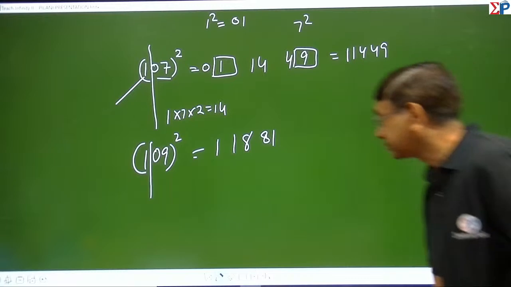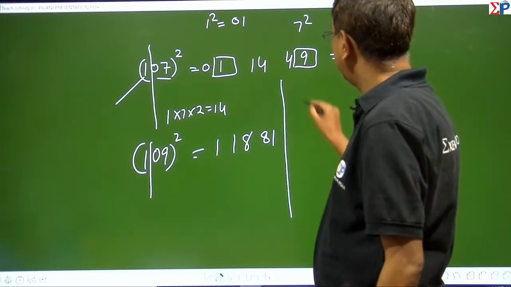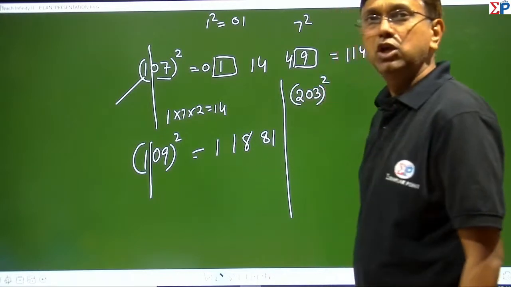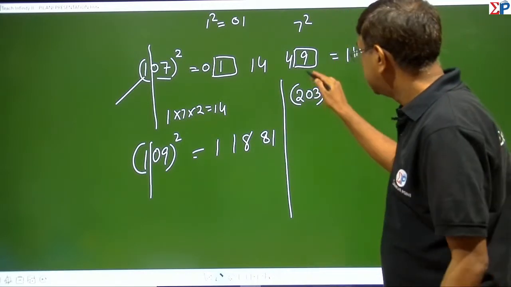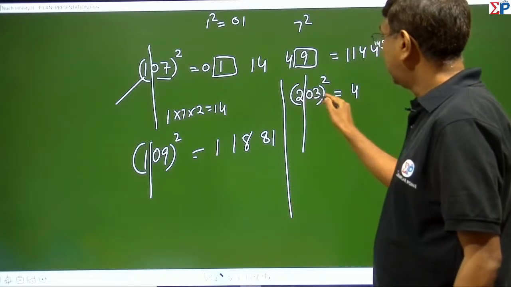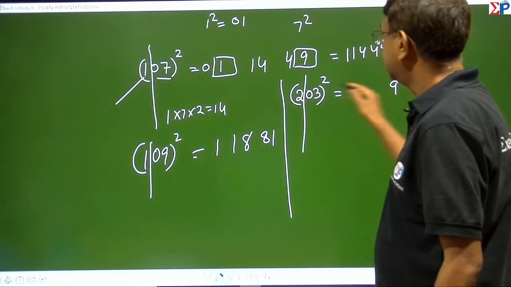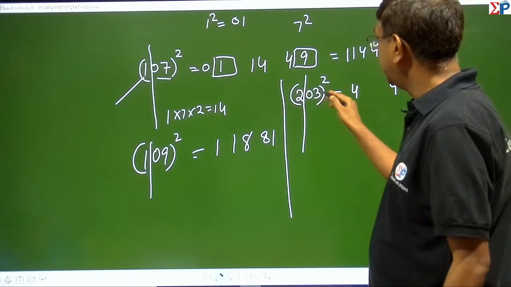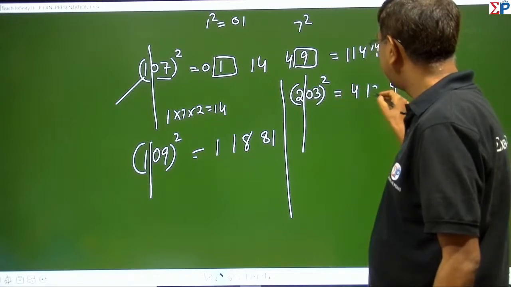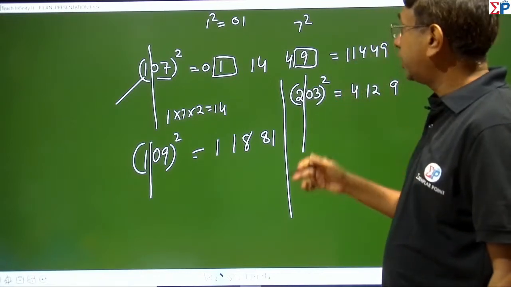Okay. So for example, we are doing 203 square. Separate it. What is 2 square? 4. What is 3 square? 9. Right? And what is 2 into 3 into 2? 12. Right? So what are you going to do?